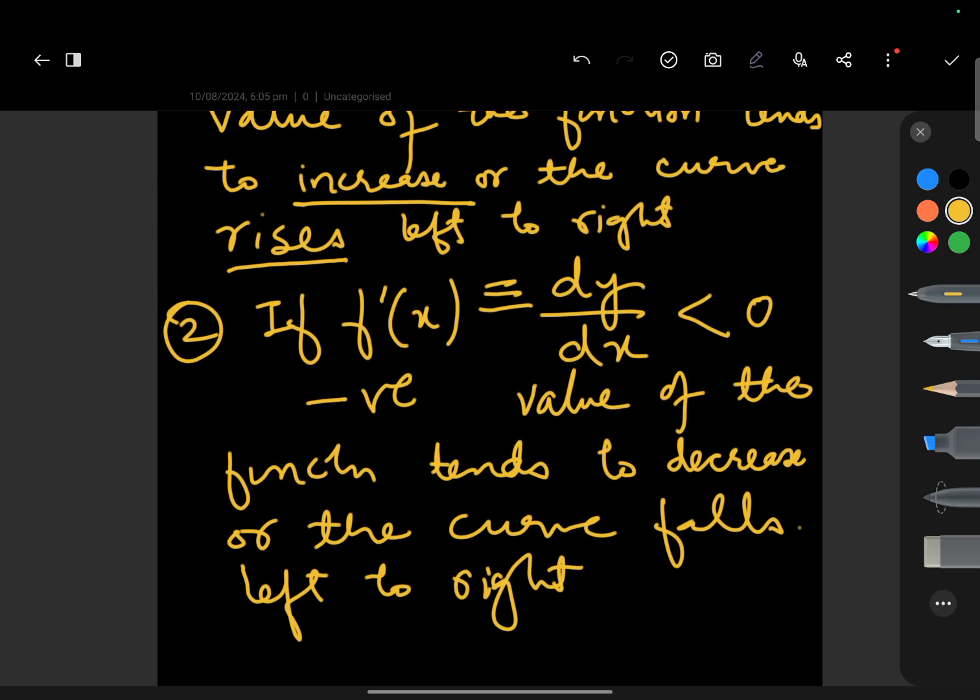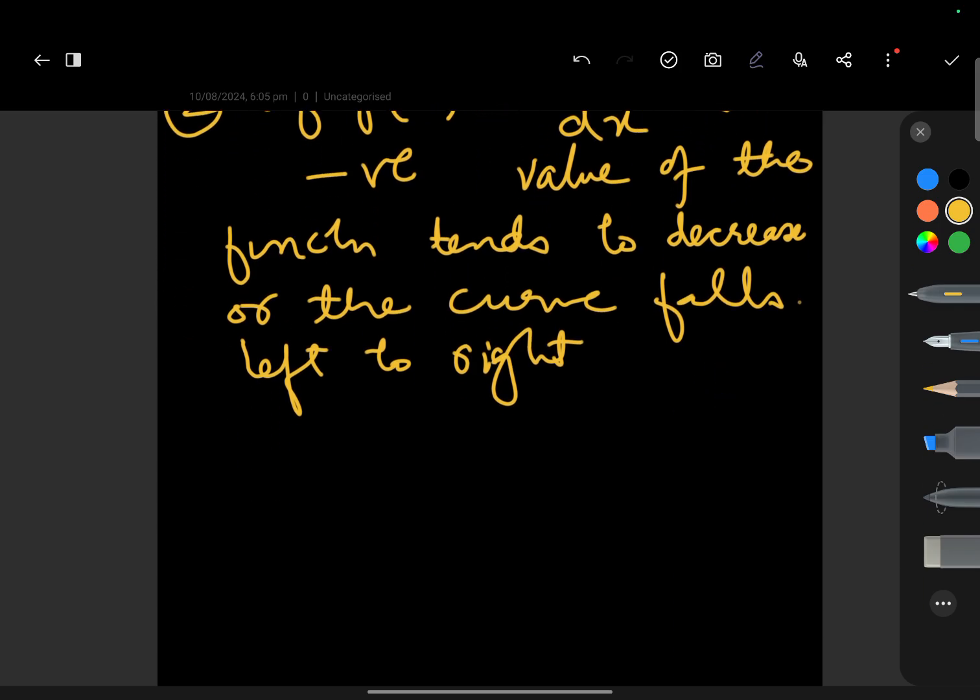And the third property is if the nature of the curve is neither greater than 0 nor less than 0, what exactly will it be?